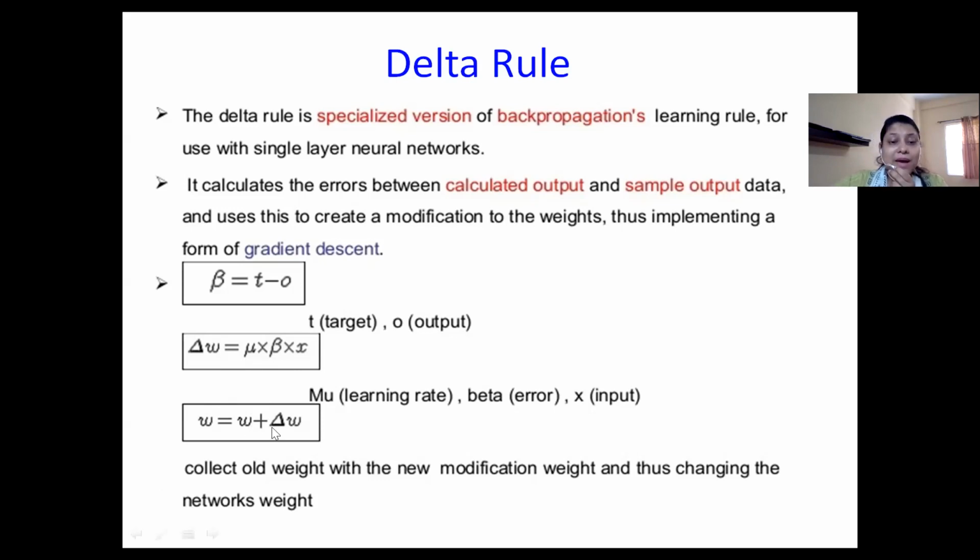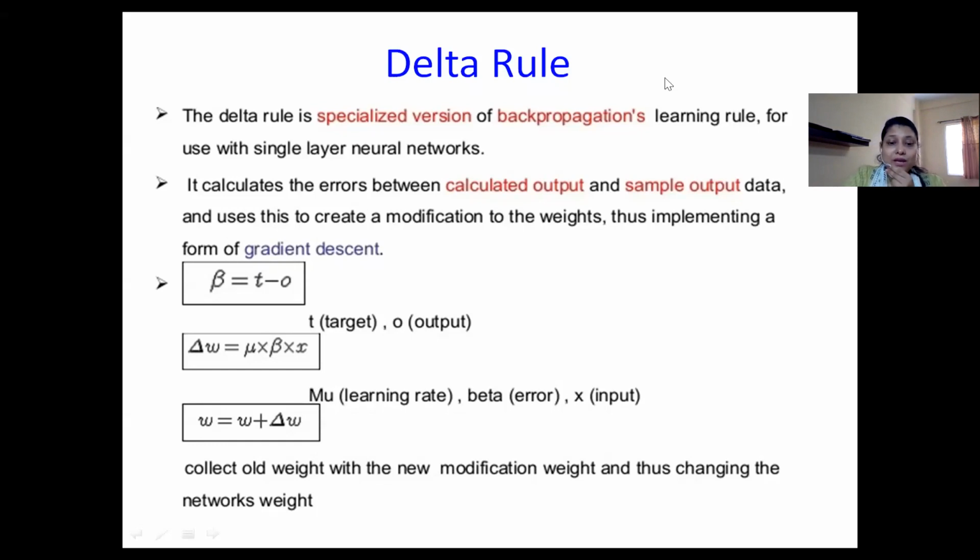And in this manner, we can obtain the new weight, which is going to be utilized or applied for the rest of the process, or for the rest of the training algorithm. Now combine this old weight with the new modification weight, and automatically this network changes its weight by this weight adaptation formula or weight adaptation rule. So this is how the delta rule works.